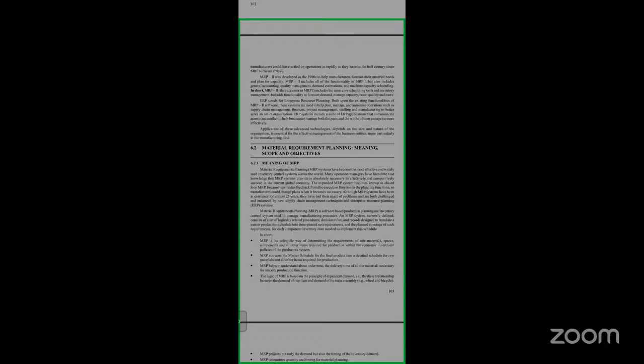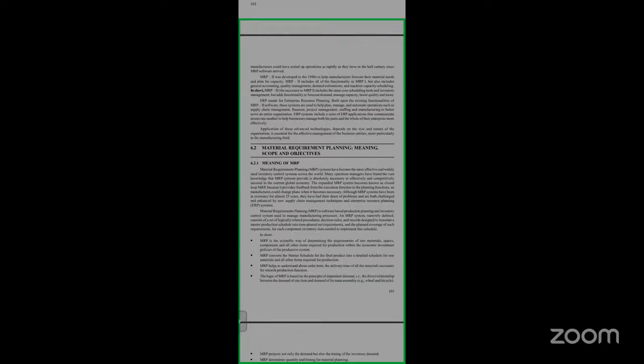Normally, we studied EOQ, economic order quantity. Whatever raw material you require, how to order it, that too economically, it should not be too costly or lead to losses. We should not order over the raw material which is not required for the production. It should not be like that.